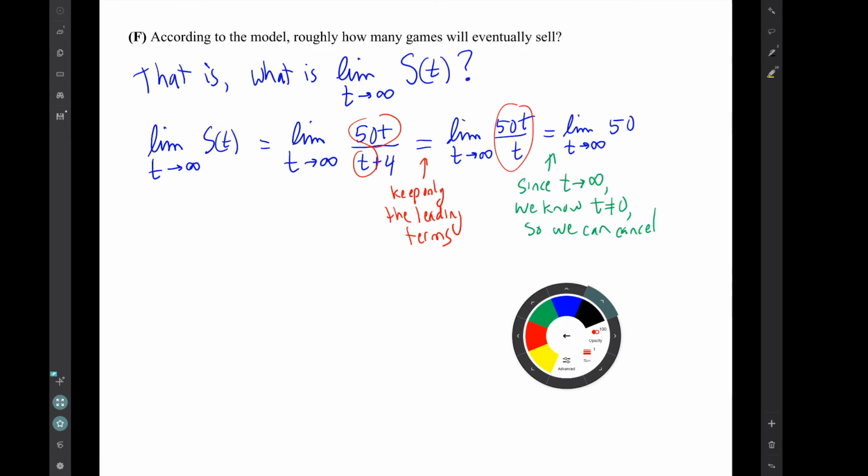Now, since t is going to infinity, we know that t is not 0, so we can cancel the t over t. And we arrive at this limit. The limit of a constant is just the constant. So the abstract limit is 50. But what does that mean in terms of roughly how many games we'll sell? Well, S(t) is giving us the number of thousands of games that we'll sell. So in other words, the number of games that will sell eventually is roughly 50,000 games.